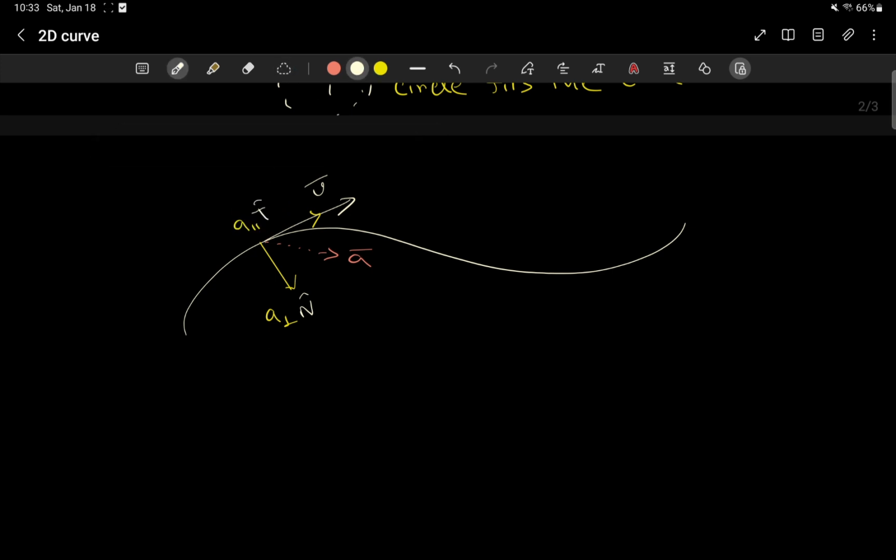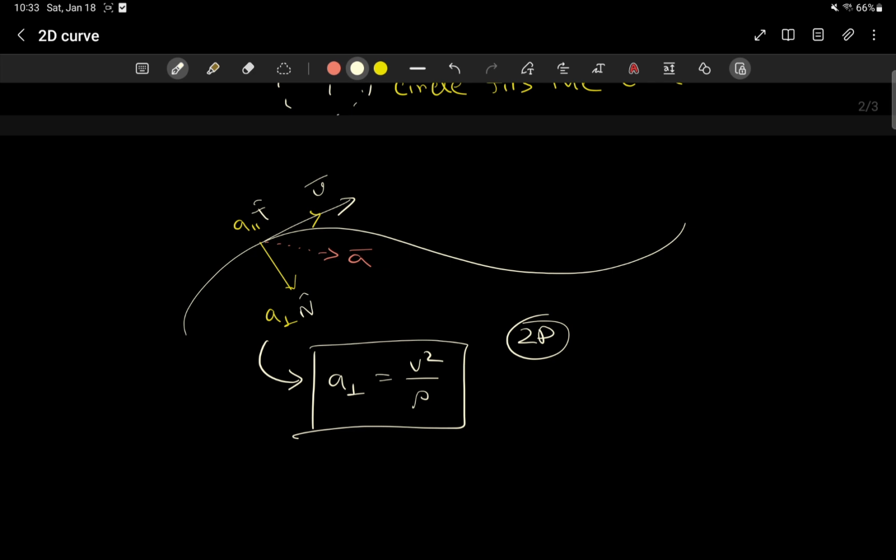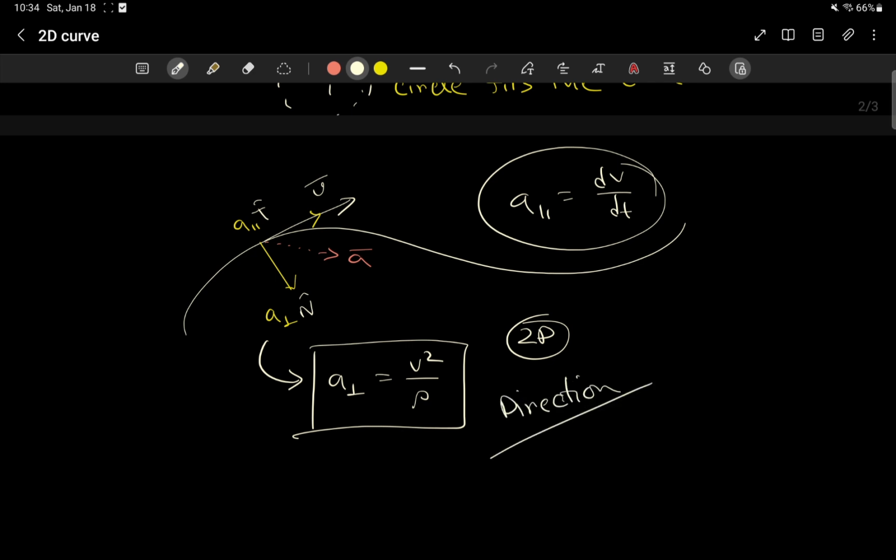And of course, A perpendicular corresponds to v squared divided by rho, and it means that you can decompose any 2D motion into this part and this one, like dv dt, which is the cause of the change in speed. So the acceleration that's in the tangential direction changes the speed, and the acceleration that's in the normal direction changes the direction, as we have already told.